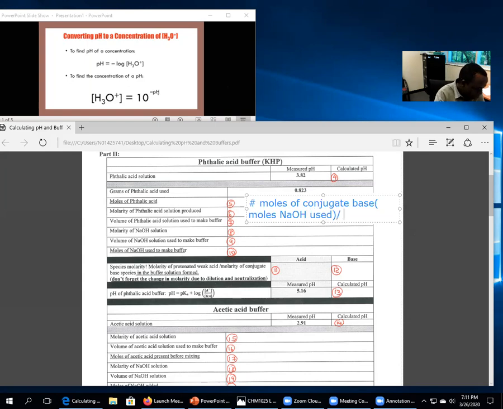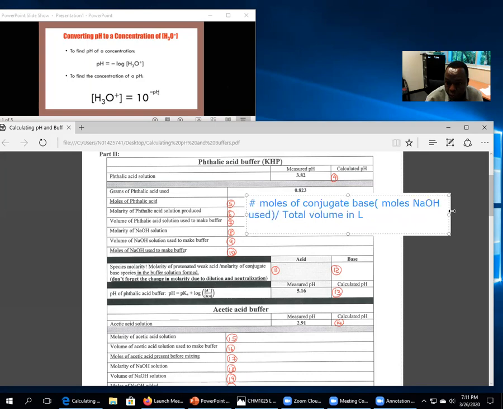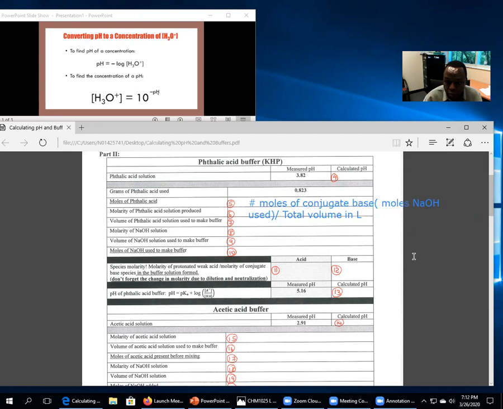Divide by total volume in liters. That is how you find the molarity of the base. Thank you. So this is what you need to do for 12.